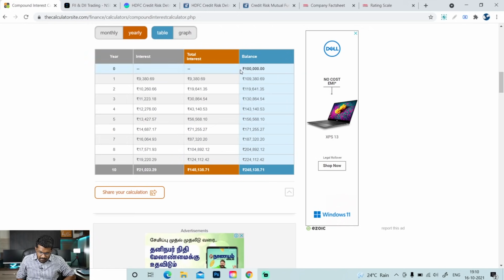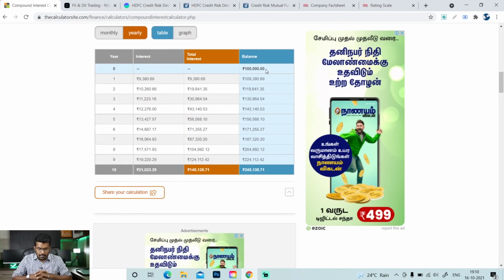Now let's see this one. You had 1 lakh rupees of cash, you deposited that cash into a bank account and that bank is giving a 9% return, 9% interest. At the end of the financial year, your 1 lakh rupees is going to be 1,09,380 rupees. At the start of the second year, you are not going to take home that 9,000 rupees.